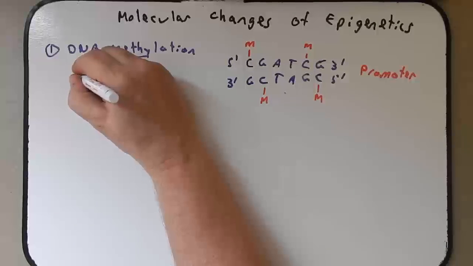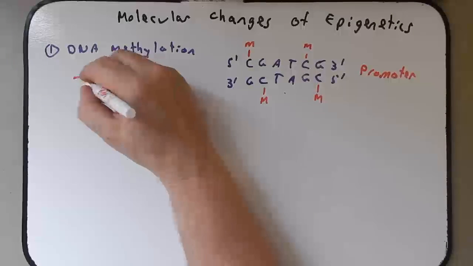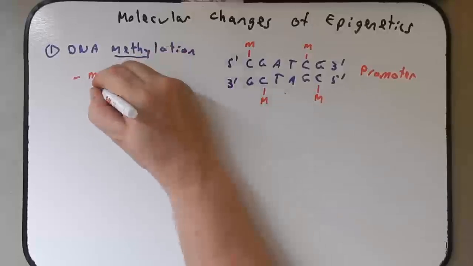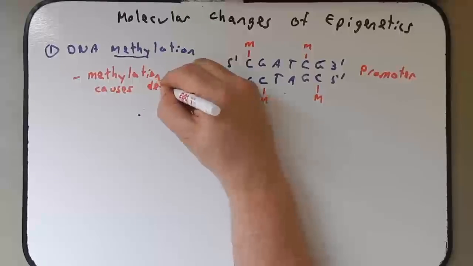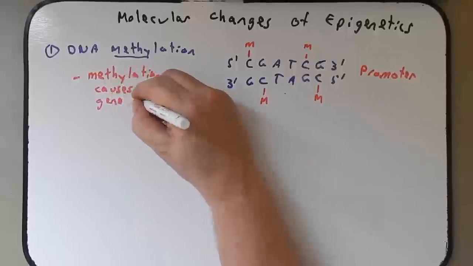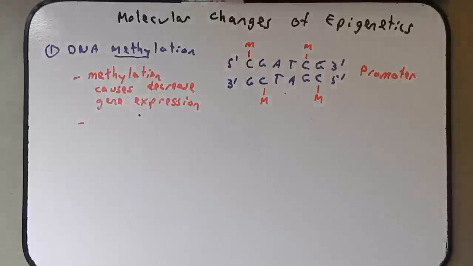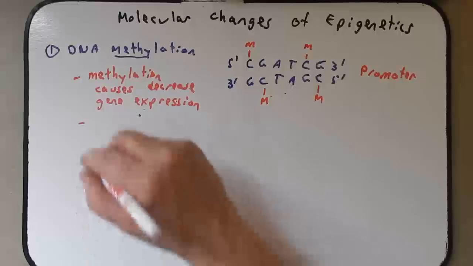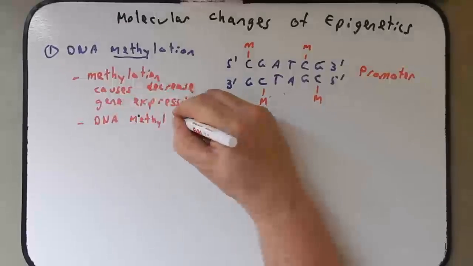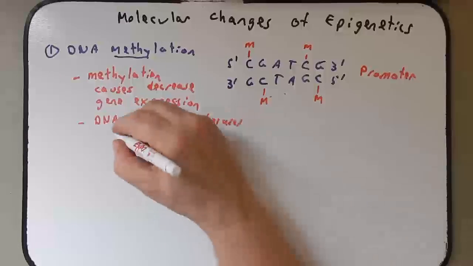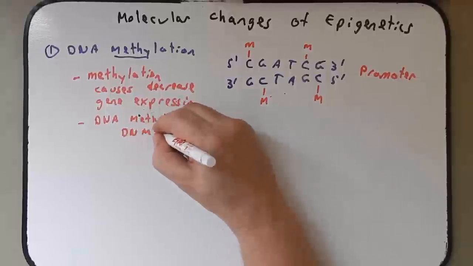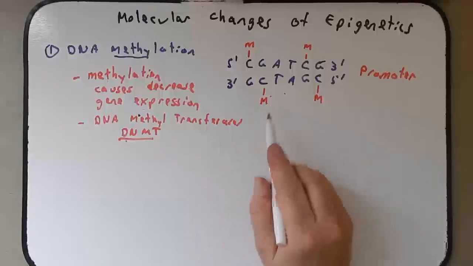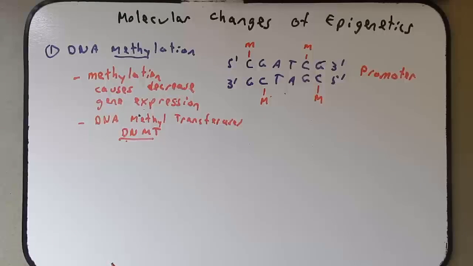So as a general rule, we can state that methylation causes decreased gene expression. I should also mention that the enzyme that adds these methyl groups is called DNA methyltransferases. And we often just call them DNMTs. DNMTs add methyl groups and shut down gene expression.